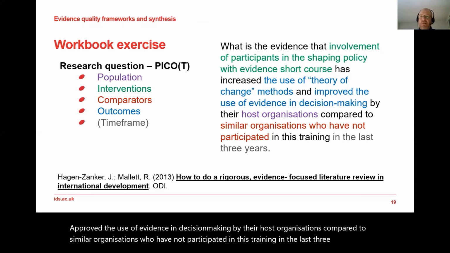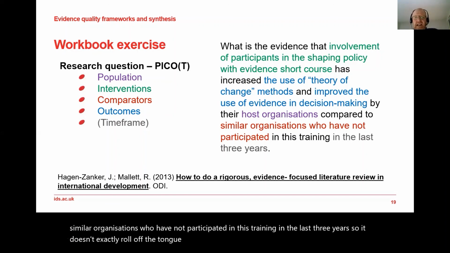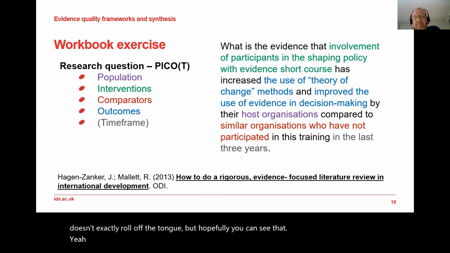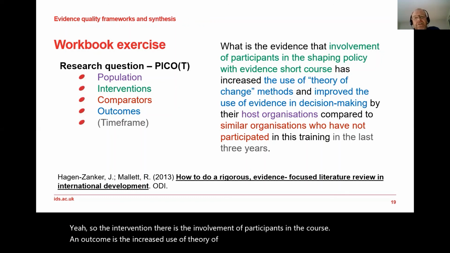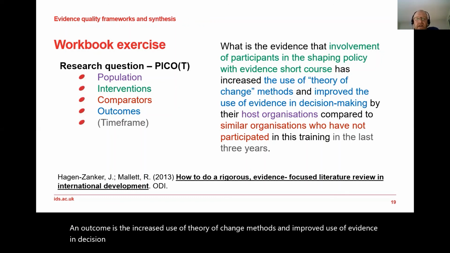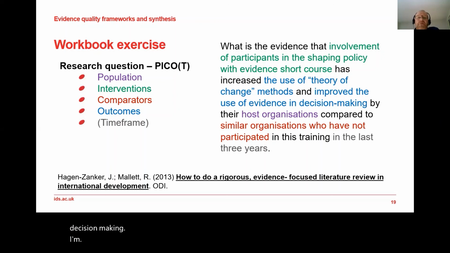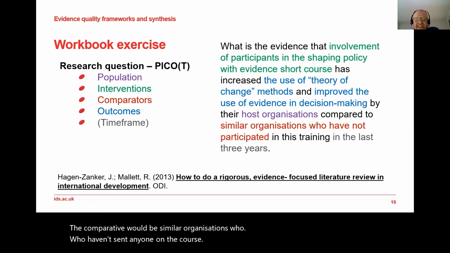So it doesn't exactly roll off the tongue, but hopefully you can see that the intervention there is the involvement of participants in the course. The outcome is the increased use of theory of change methods and improved use of evidence in decision making. The comparator would be similar organisations who haven't sent anyone on the course. The time frame being the last 3 years since this course started.